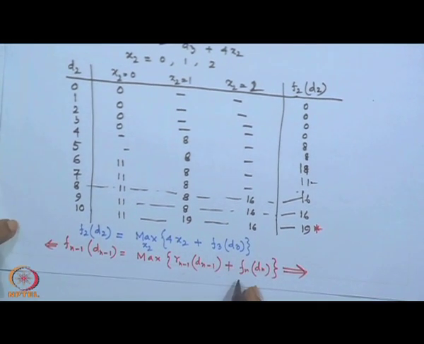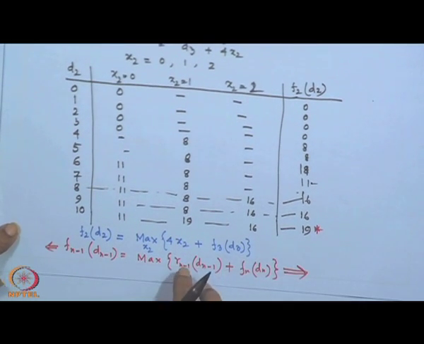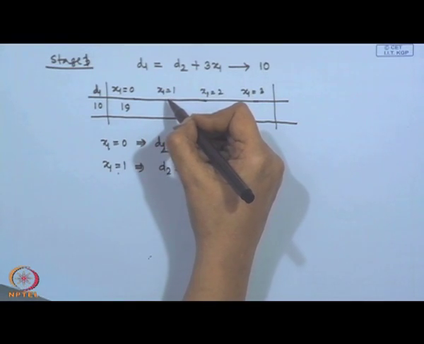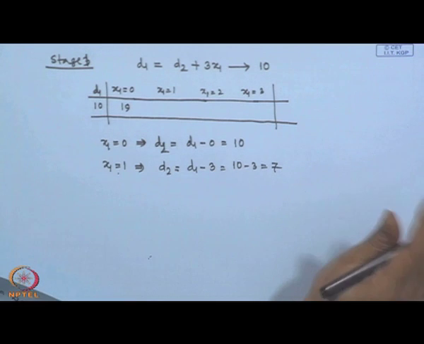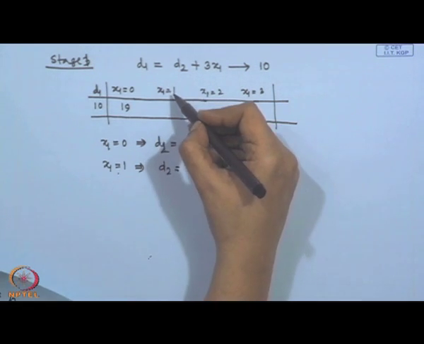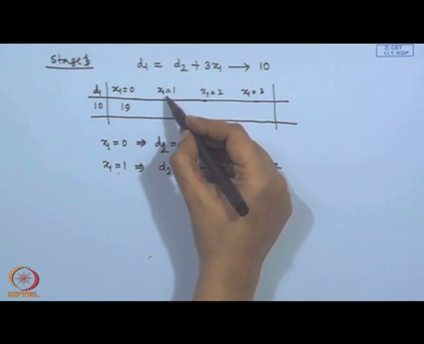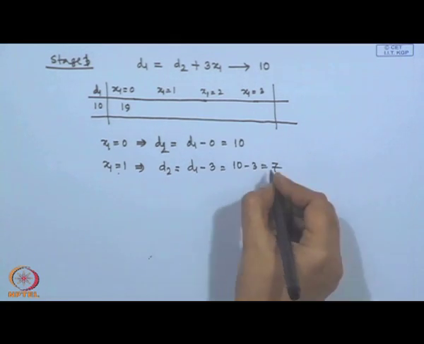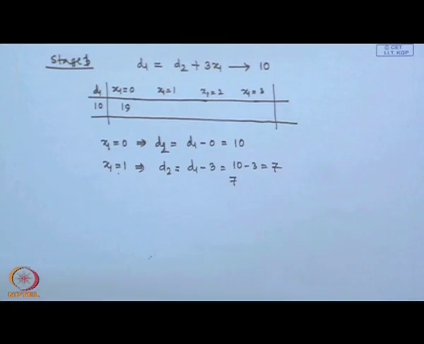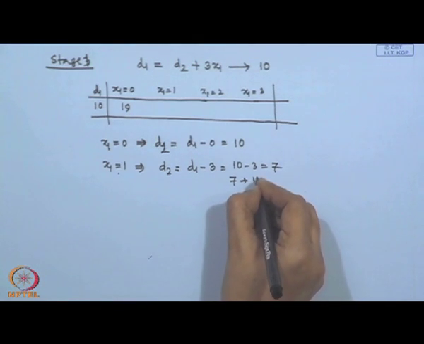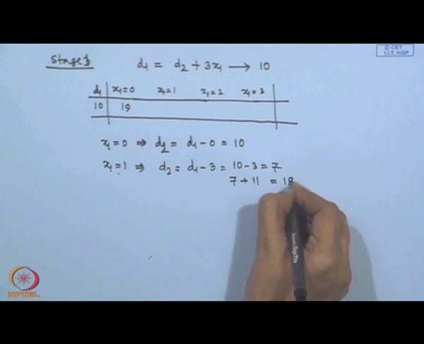If I consider 1 food pack, the return is 7 and for 7 the previous value is 11, that is why we will consider 7 plus 11, that is equal to 18.